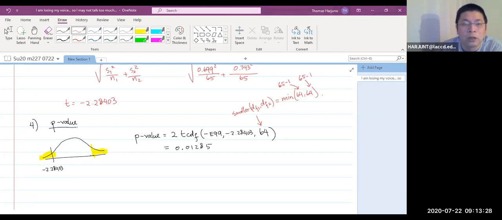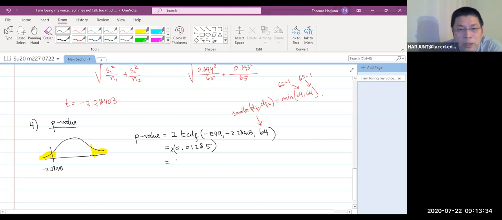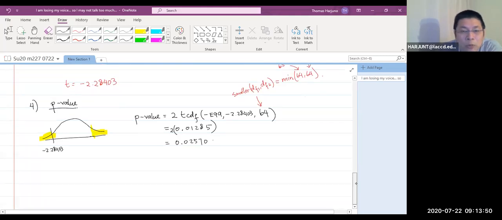Oh, thank you. I need to multiply by 2. So that will be 0.02570, even though if I multiply that by 2, that's what it is. Yeah, I almost forgot to multiply by 2.